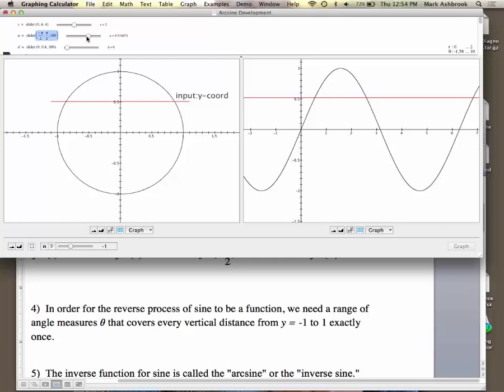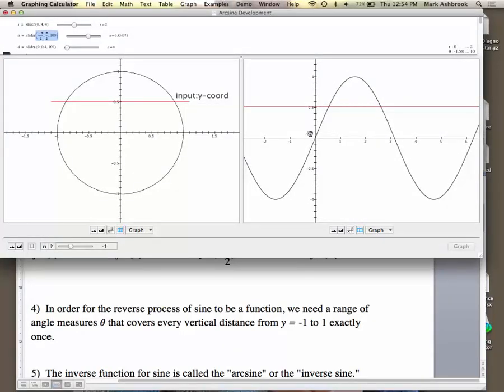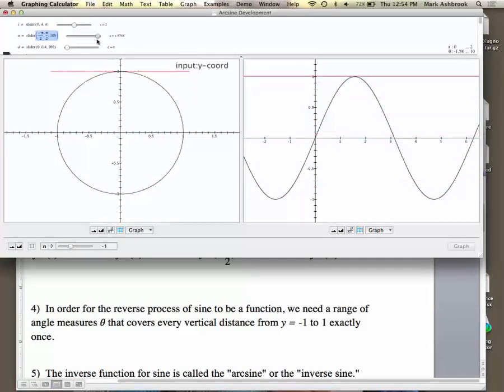So we come over here to our graph, and now we're thinking opposite, right? Because we're thinking the input is the y value, and the output is now the horizontal. So I need a range of angles that covers every y from -1 to 1 just once.